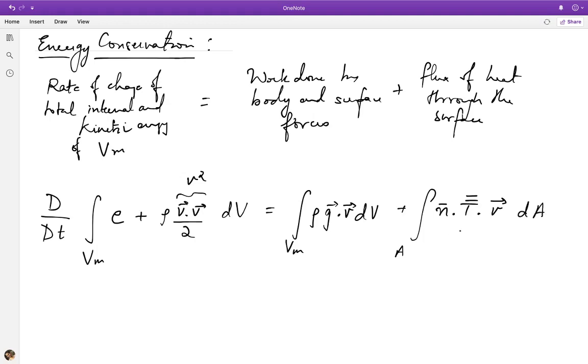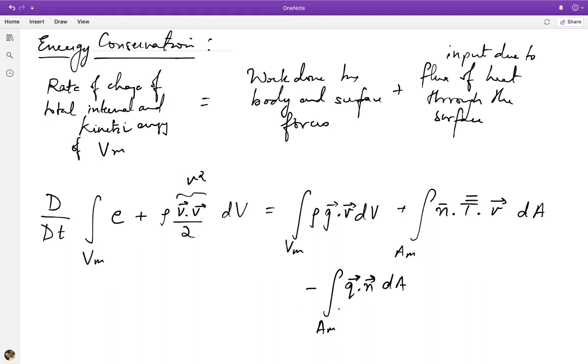This is integrated over the area of the material volume. And now finally we have the net input of heat. So I should write here the input due to flux of heat to the surface. And this can be represented by a negative sign over the surface times the heat flux vector dotted with the unit normal.